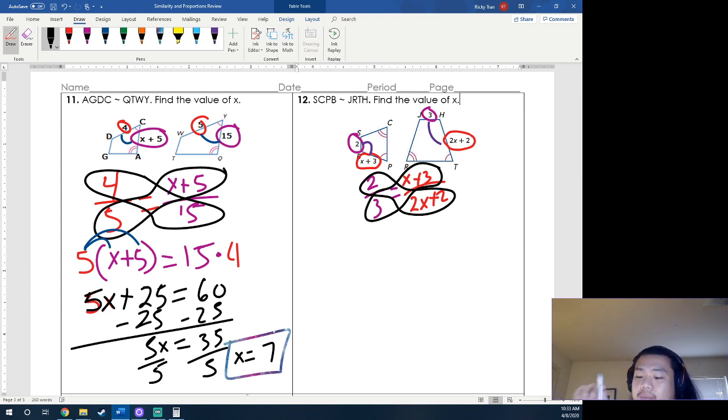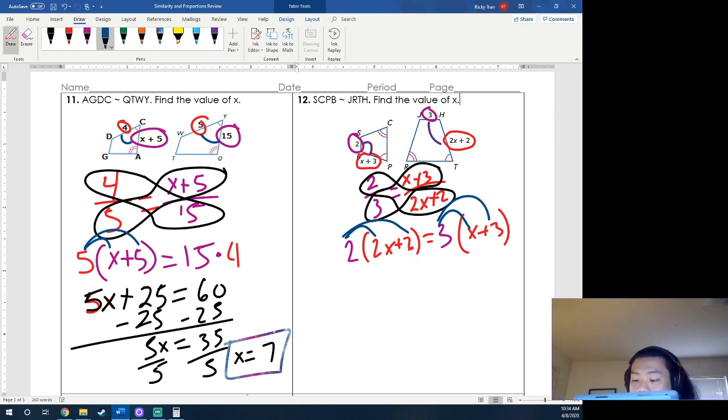So right here, let's continue with 2 times 2x plus 2 is equal to 3 times x plus 3. Distribute.